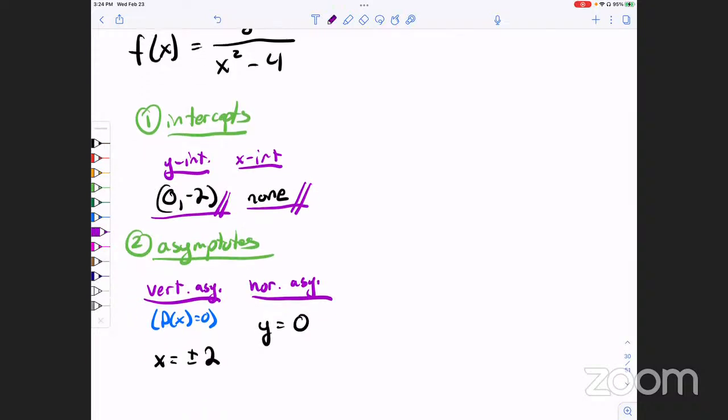Let me highlight my results. Since we have a horizontal asymptote, we should not have an oblique or slant. Then we can look at the first derivative, second derivative, and the domain, right? So derivatives and domain are the third suggestion.